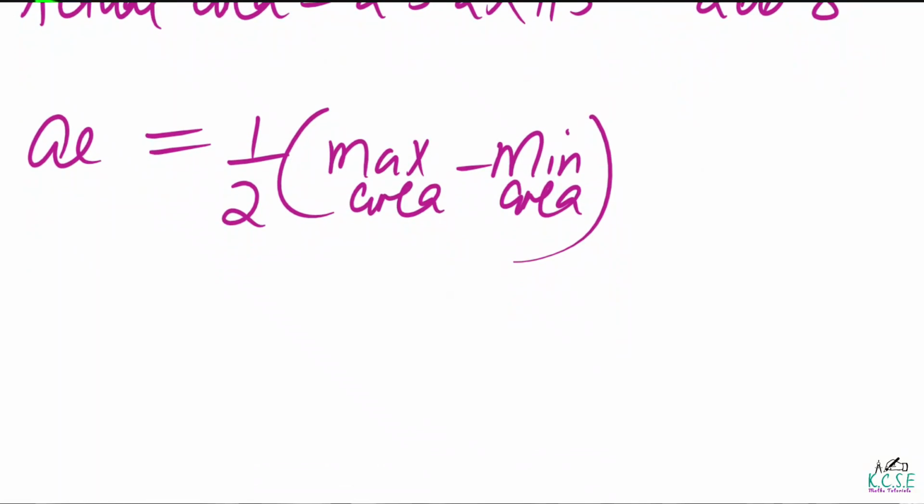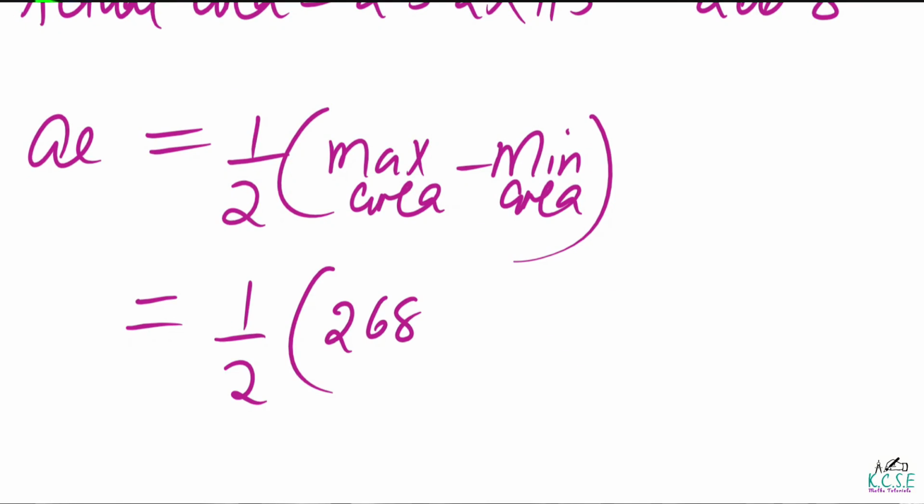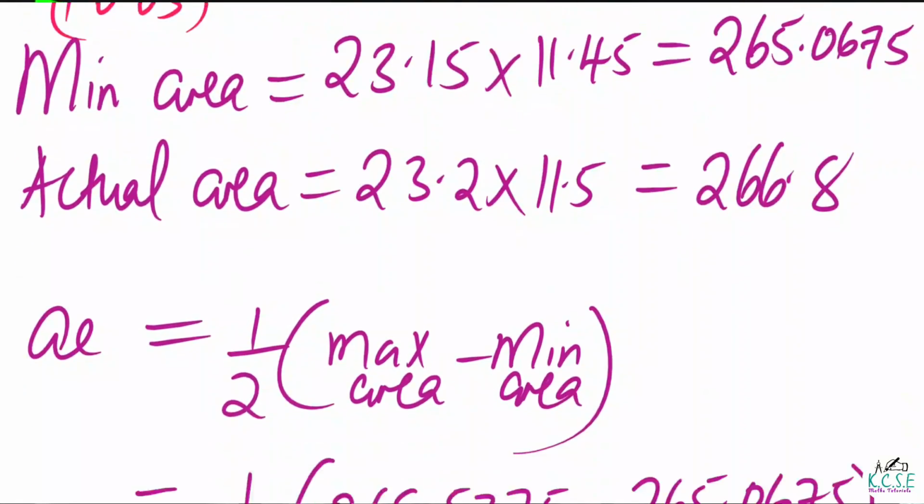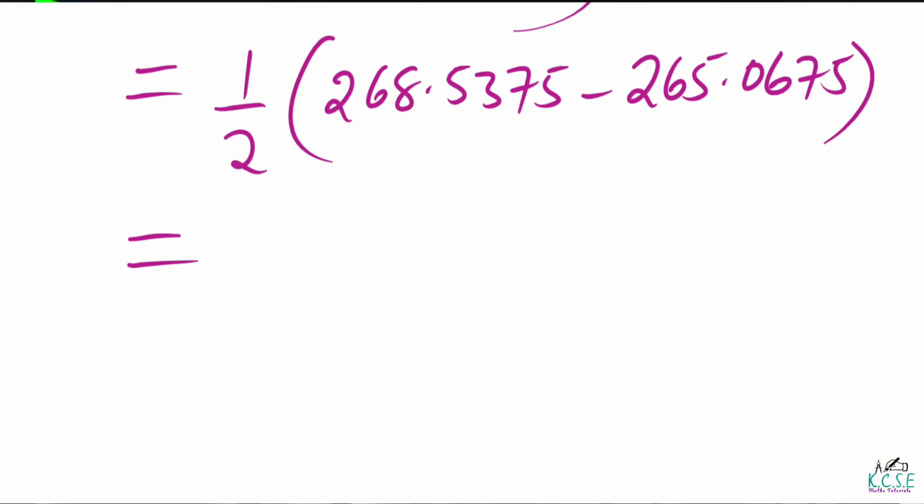So half of 268.5375 minus 265.0625. These are the figures that are here. Working this out very fast using the calculator, this gives 1.738, correct to 4 significant figures.